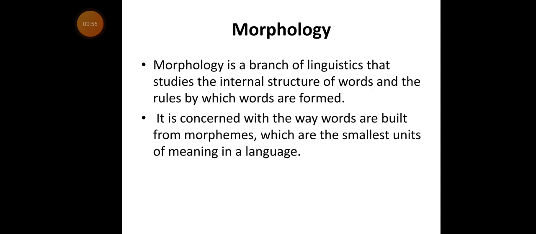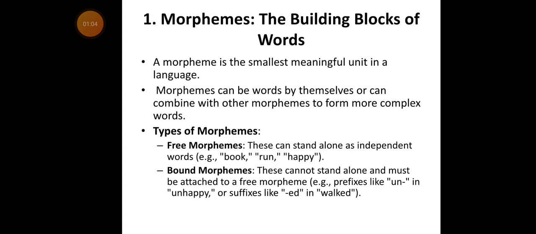What are morphemes now? It is again a new word. Morphemes are the smallest unit of meaning in a language, right? If you look at morphemes in detail, remember, cells are the building blocks of human life if we study biology.